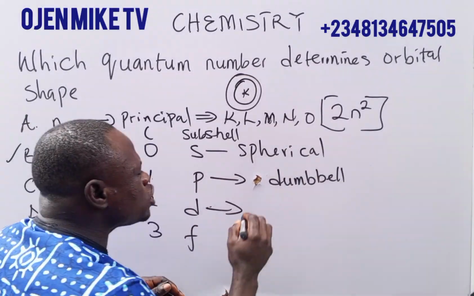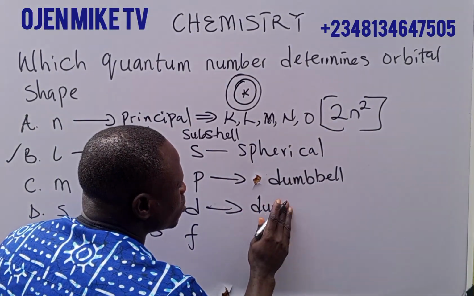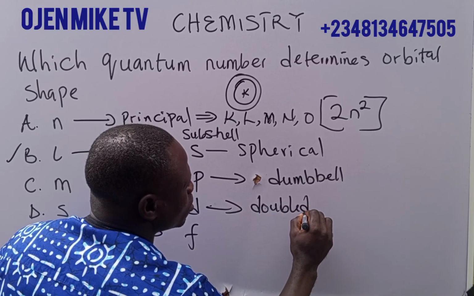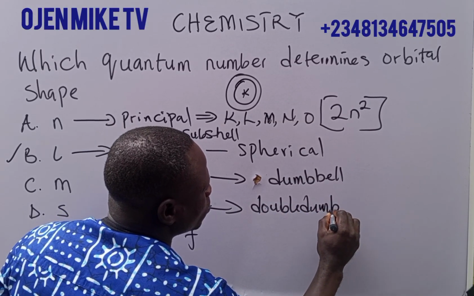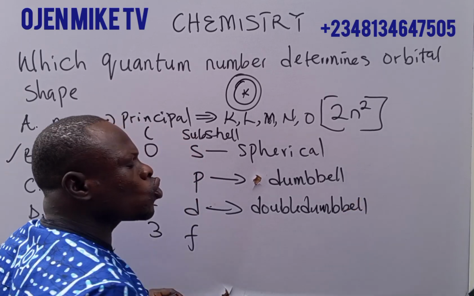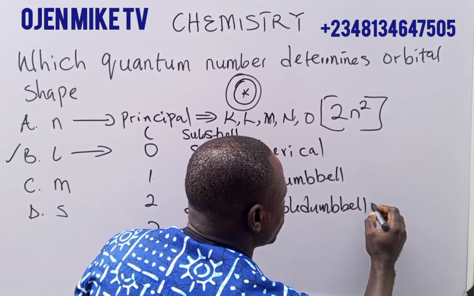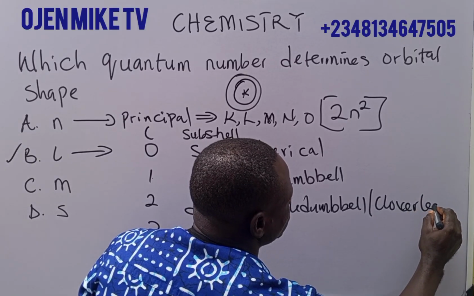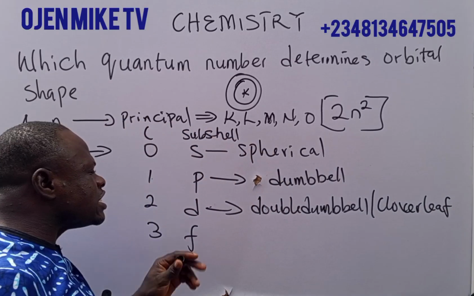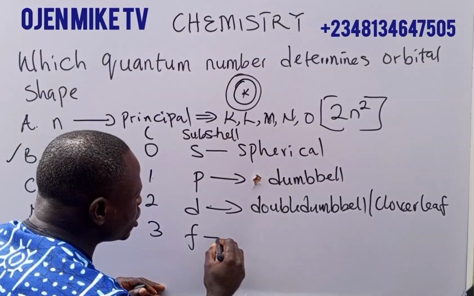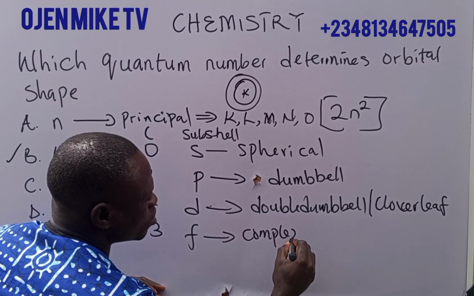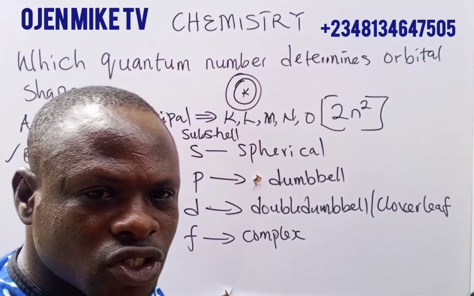The shape of d is double dumbbell, or you call it clover leaf. And what is the shape of f? The shape of f is called complex, multi-complex. Do you understand?